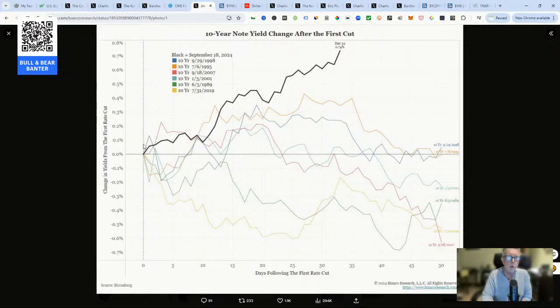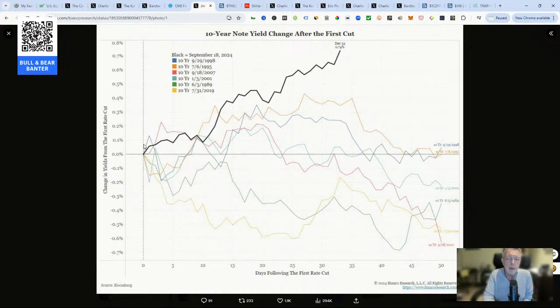it's not unusual for the 10-year yield to rally immediately following a rate cut. So let's call it 60% of the times, the knee-jerk reaction is going to be the upside for the 10-year yield because it was priced in. And they're selling the news on bonds, driving up the 10-year yield.